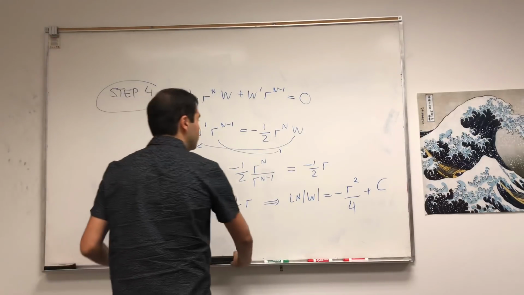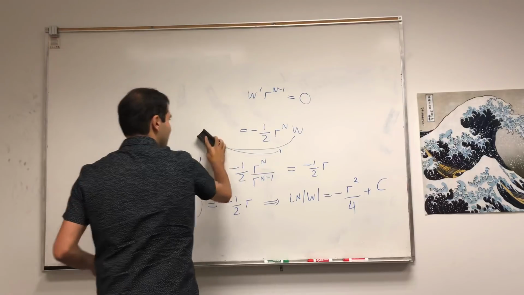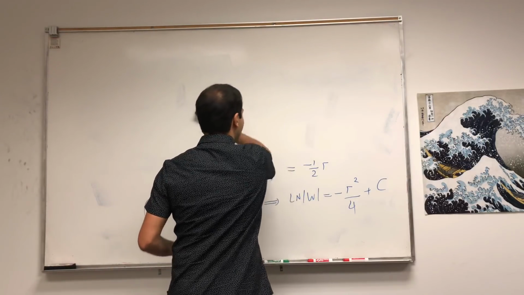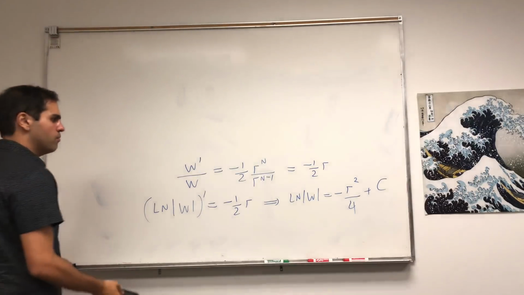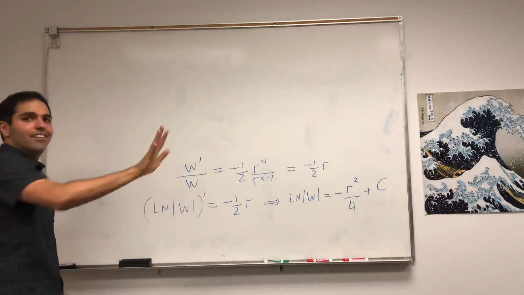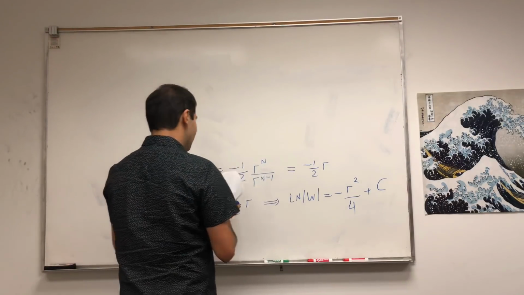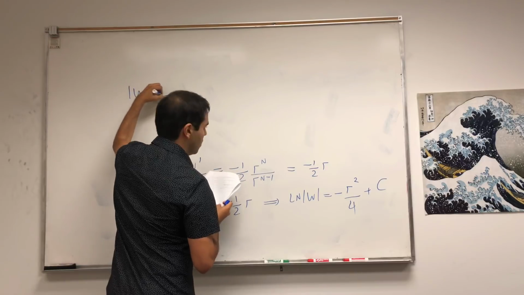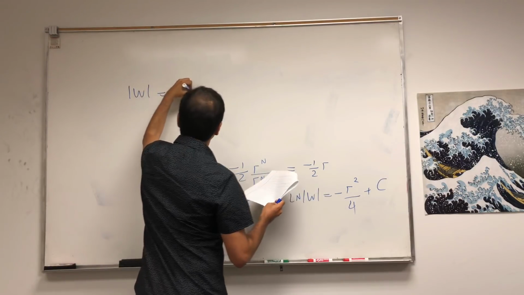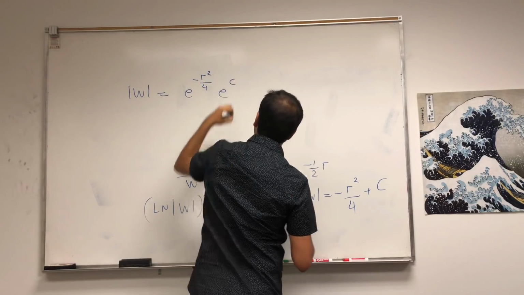And this constant turns out is important, so let's not eliminate that quite yet. Because if you choose it to be 0, I believe, well, no, w wouldn't be 0, but again, trust me, there's a reason why this is important. So then you just exponentiate. So w becomes e to the minus r squared over 4, e to the c.